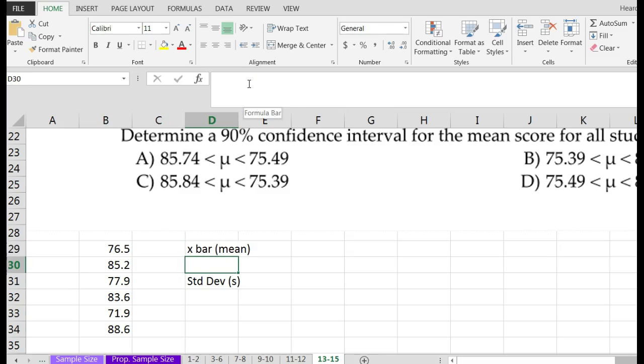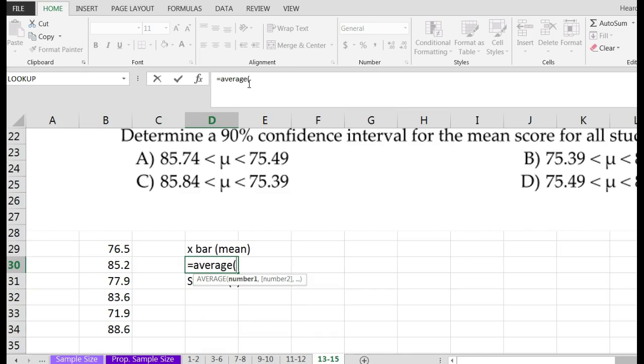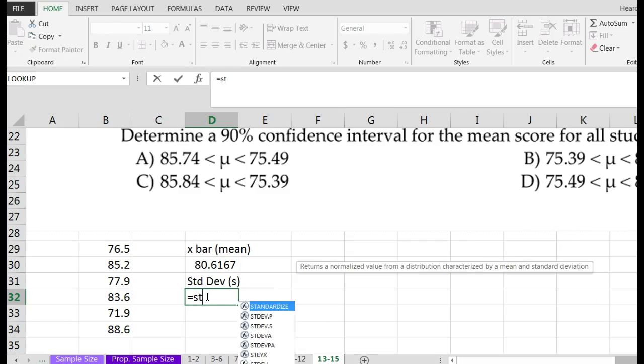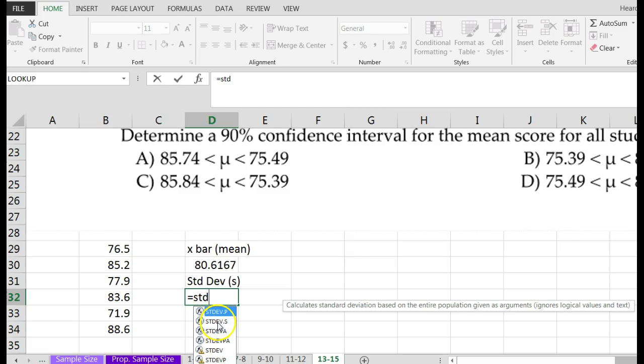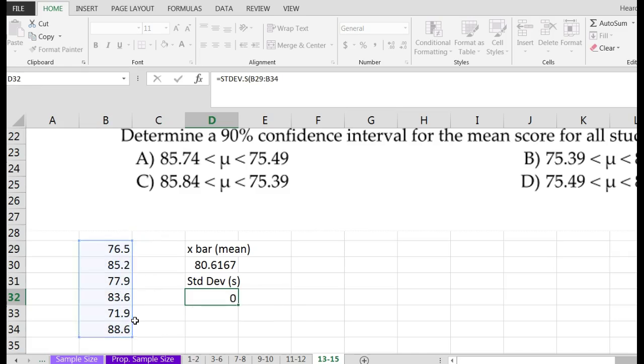So here I'm going to say equals average, open parentheses, cover these numbers, close parentheses. Standard deviation equals STD. I'm going to double click on stdev.s, cover these numbers, hit the enter button.